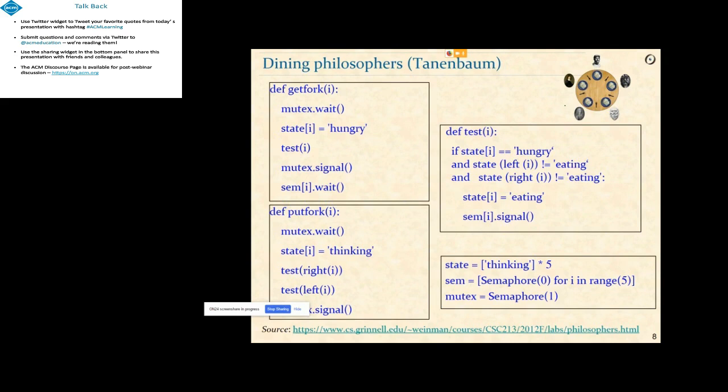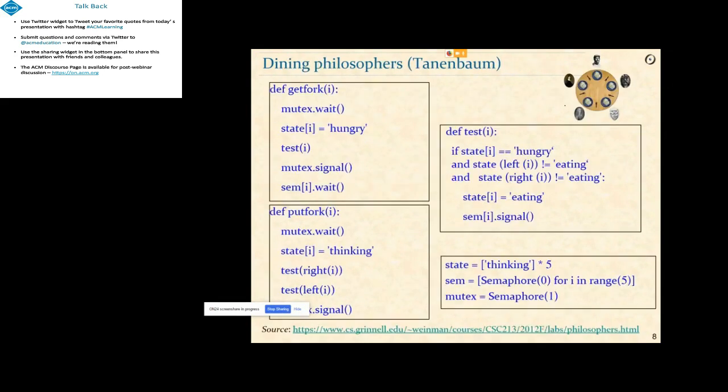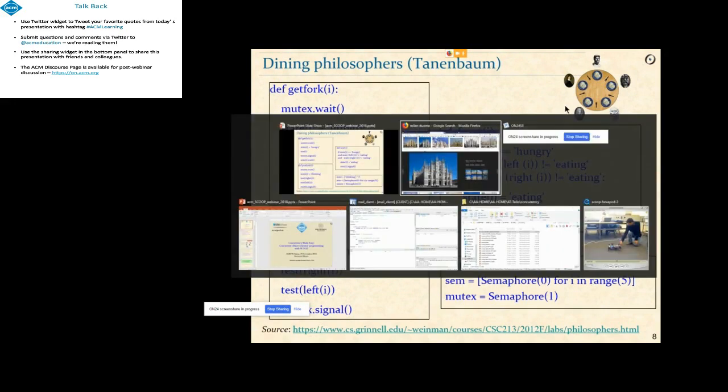And so this is at a very low level of abstraction, and the gap between what Dijkstra called the static view and the dynamic view, this conceptual gap, is enormous. And if you look at the state of the art today, this is what it is.